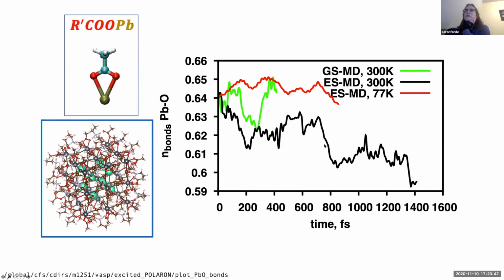But comparing the red and the black curves, we can see that temperature significantly influences the photo degradation as well as the electronic configuration, comparing ground state versus excited state.